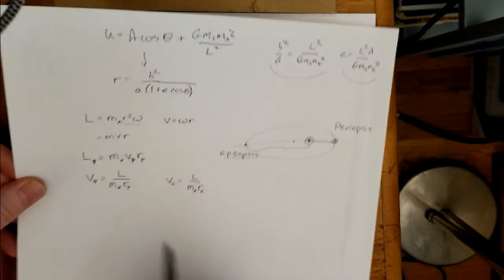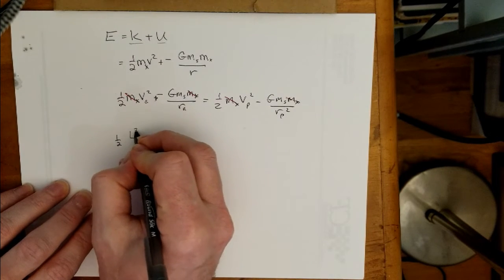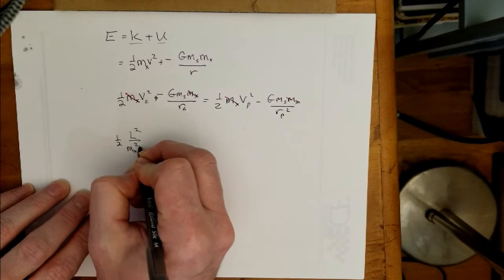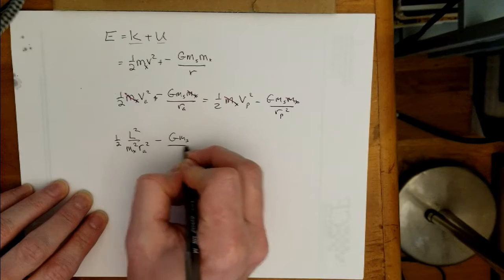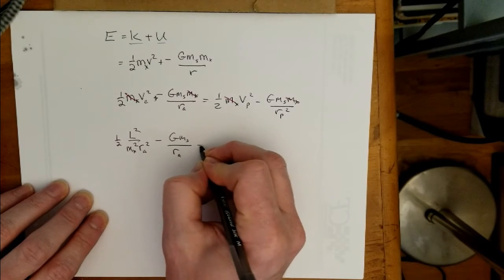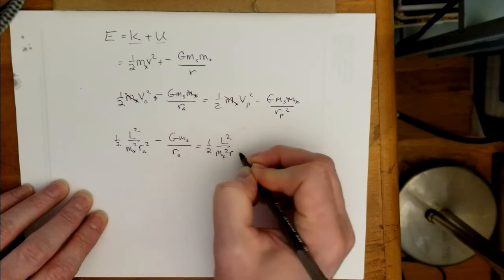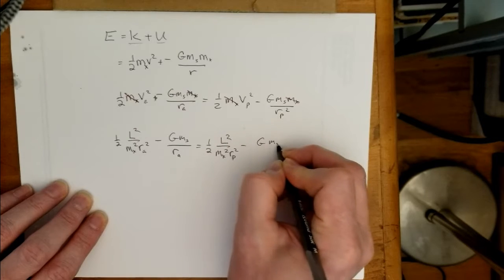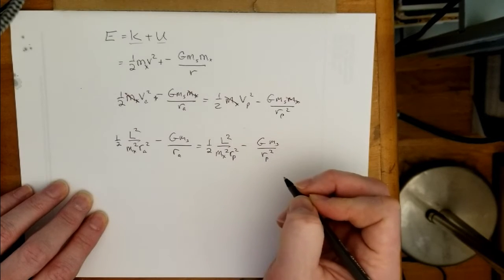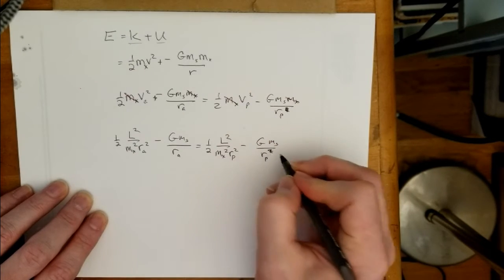We now bring in our v_a and our v_p. So this is 1/2 L squared over m_x squared R_a squared minus G mass of sun over R_a equals 1/2 times L squared over m_x squared R_p squared minus G mass of sun over R_p. Oops, typo.